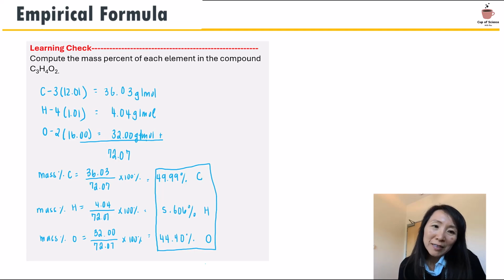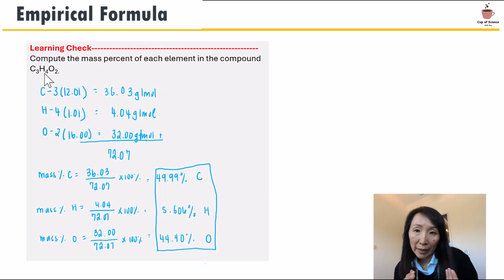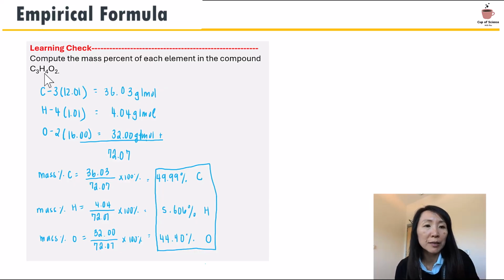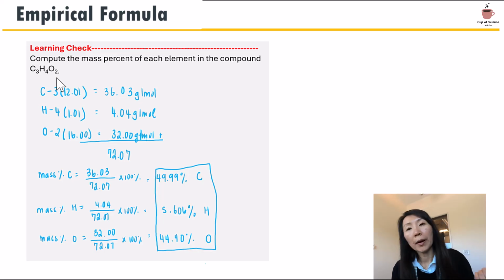All right, in the previous slide, we learned how to calculate percent composition, where you had a chemical compound and you were able to determine how much percent is carbon, how much percent of hydrogen, and how much oxygen is in this molecule by mass percent.